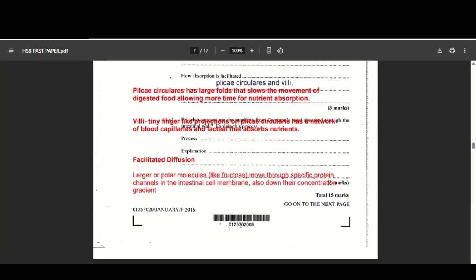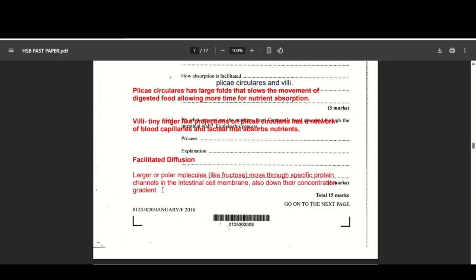And the next question is asking, how are nutrients absorbed through the intestinal wall? Well, basically, facilitated diffusion. Larger molecules like fructose move through specific protein channels. And we know that with facilitated diffusion, things cannot just pass through the cell membrane.